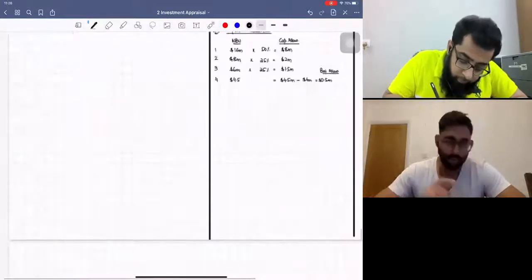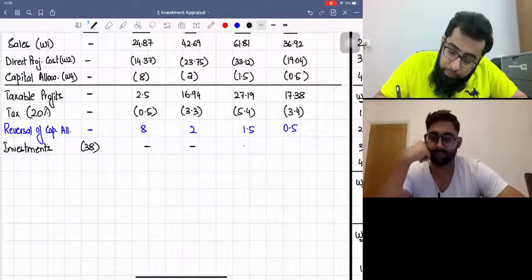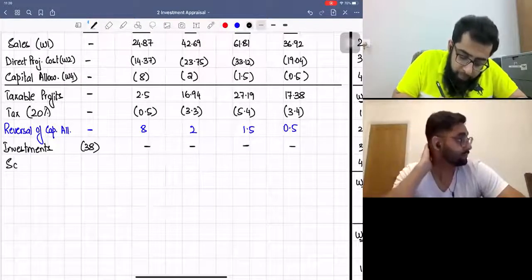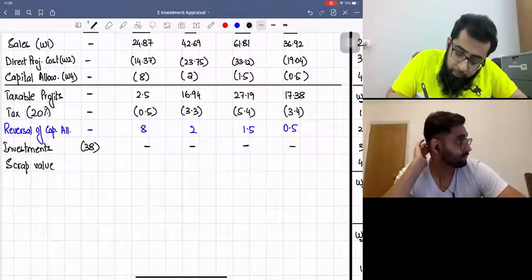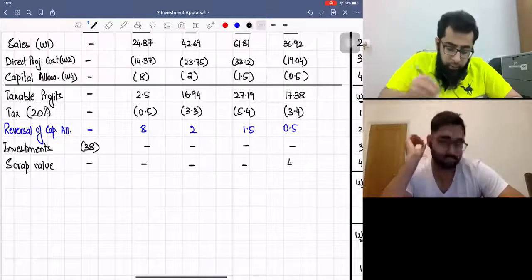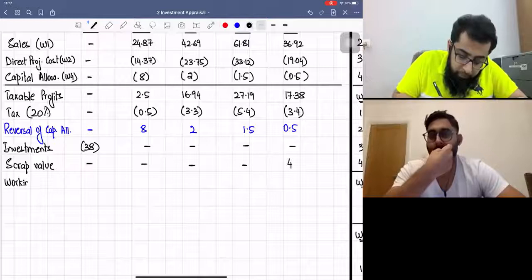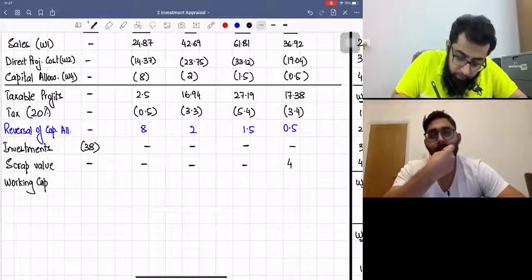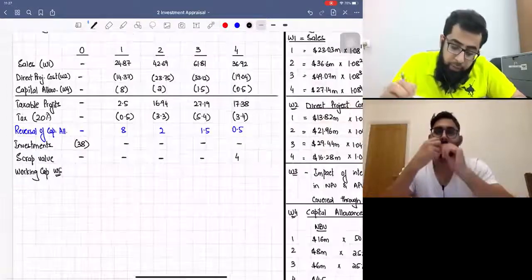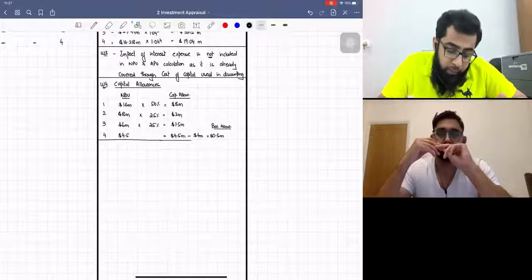Scrap we add, don't we? Yes, obviously. So scrap value is 4 million. Now we have to deal with working capital, because there was some percentage of sales which we have to use.